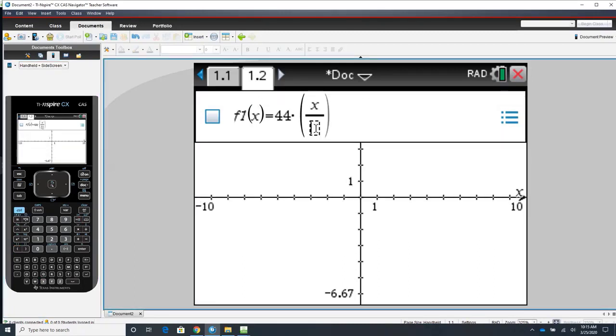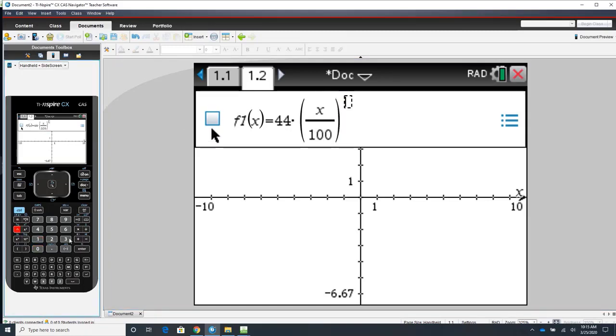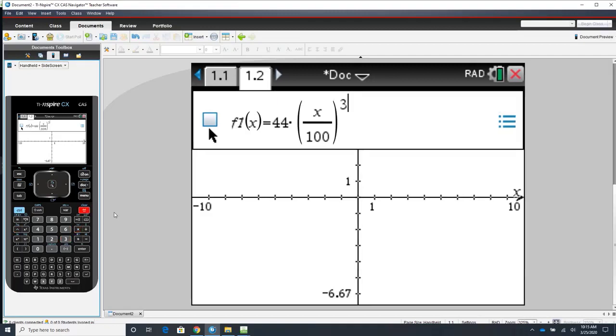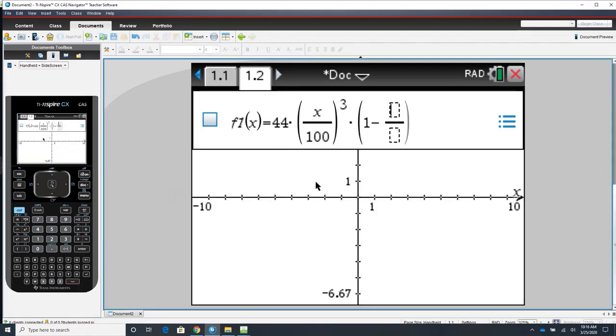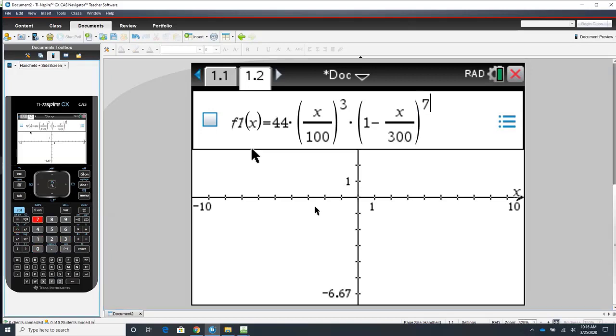So x over 100, and I know that is at the power of 3. And then I'll, oops, not right there, down. I need to pull it down. So I'll multiply this with the last factor, which is 1 minus, and right here I need another fraction, which has the numerator x and the denominator 300. The power this time for this is 7. And out of it, we should subtract 0.7.